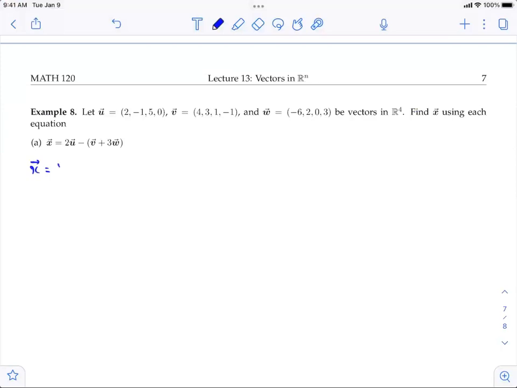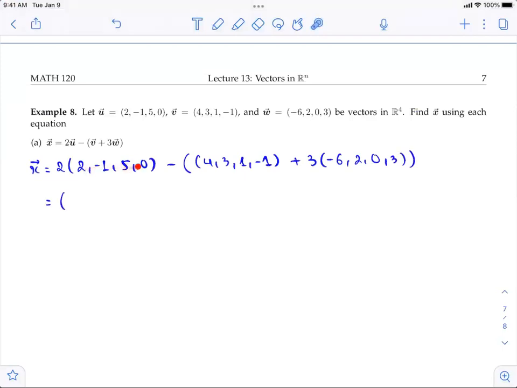So x is equal to 2 times u, which is 2, negative 1, 5, 0, minus v plus 3 times w. So v is 4, 3, 1, and negative 1, plus 3 times negative 6, 2, 0, 3. Right. So 2 times this vector, so you scale this vector. You get 2 times 2 is 4, 2 times negative 1 is negative 2, 2 times 5 is 10, and then 0.